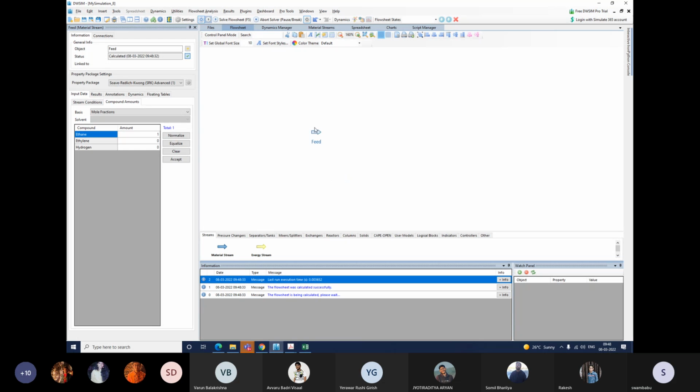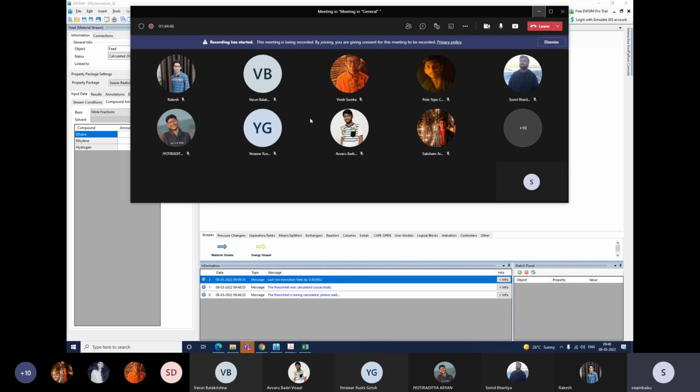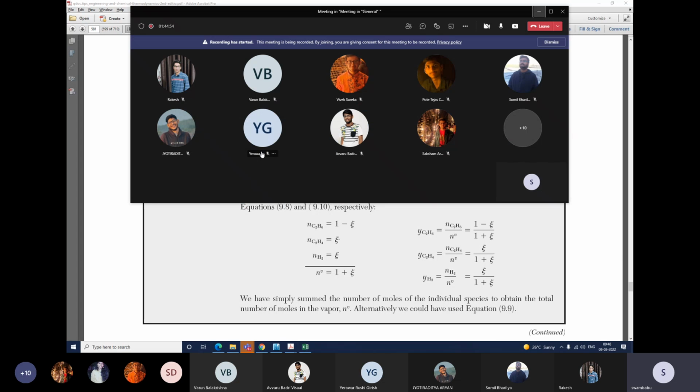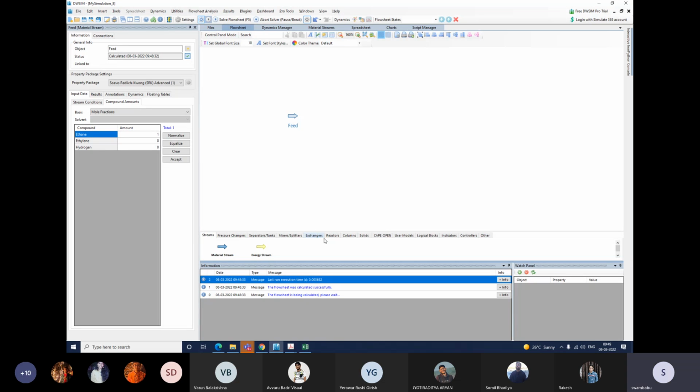So now we want to calculate the equilibrium composition. Since we are doing reactions, we have to go to the reactor tab. We have basically several types of reactors: conversion reactor, CSTR, PFR, equilibrium reactor, and Gibbs reactor.